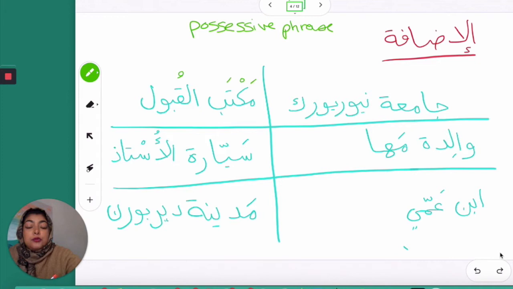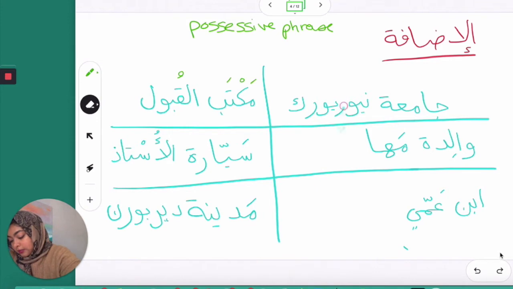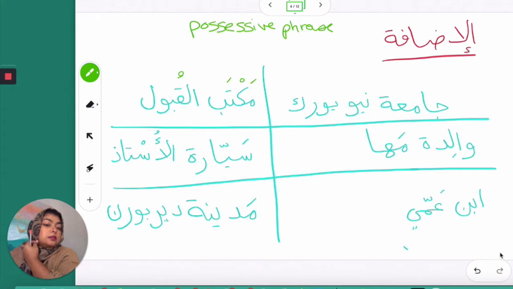جامعة New York. There is a typo here. Should be about there. جامعة New York. University, New York. How would you translate that?